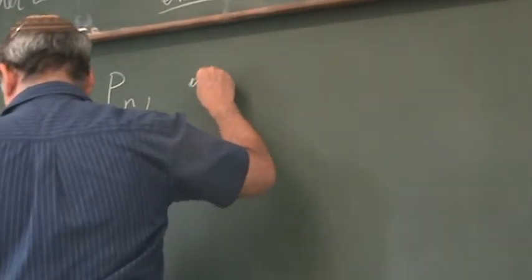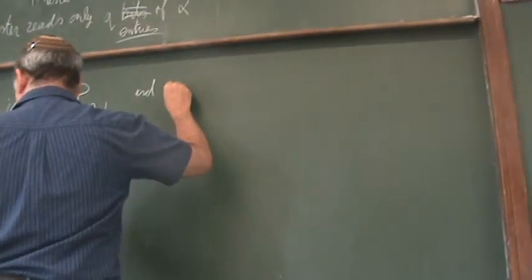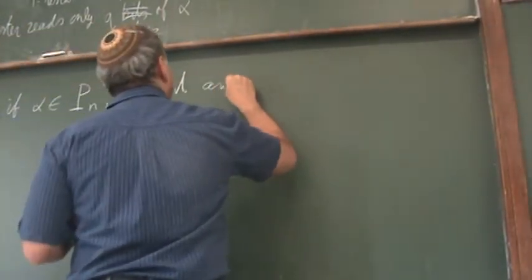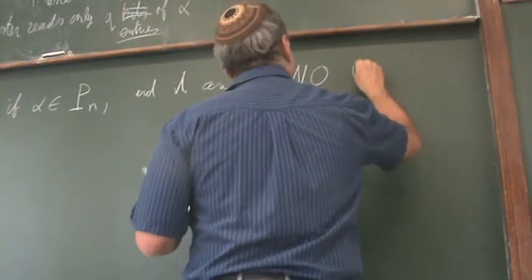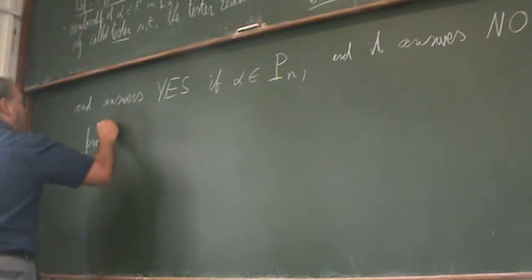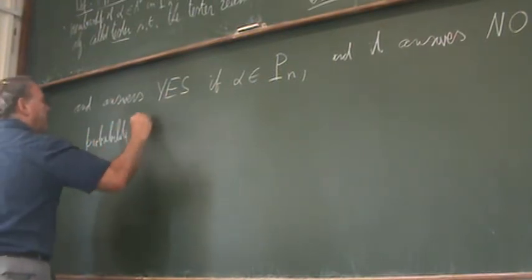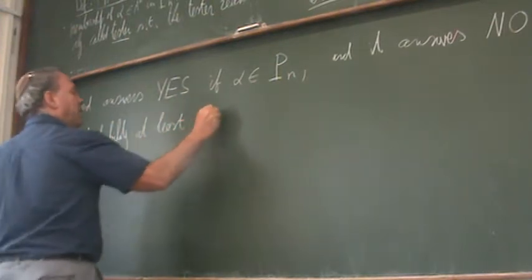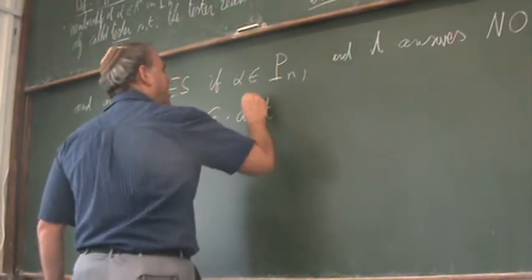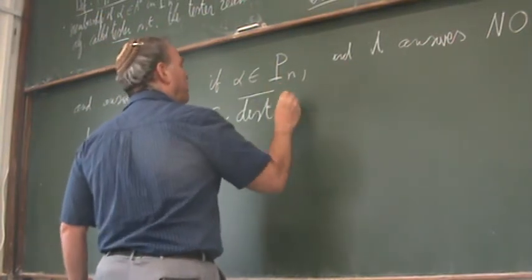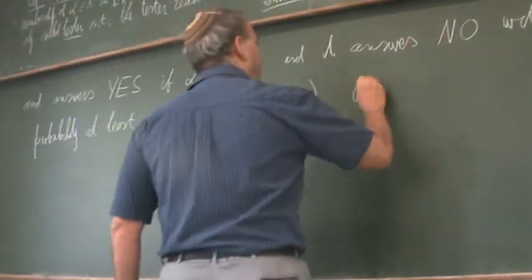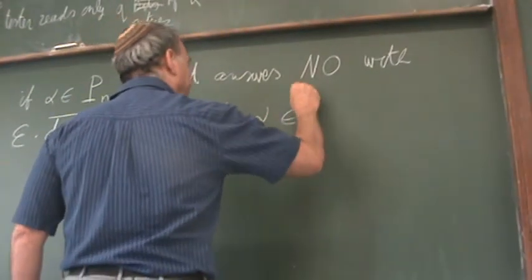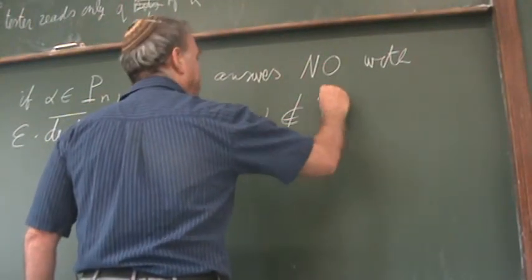And it answers no with probability at least epsilon times the normalized distance between alpha and Pn if alpha is not in Pn.